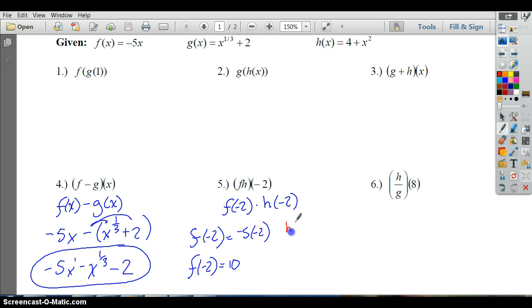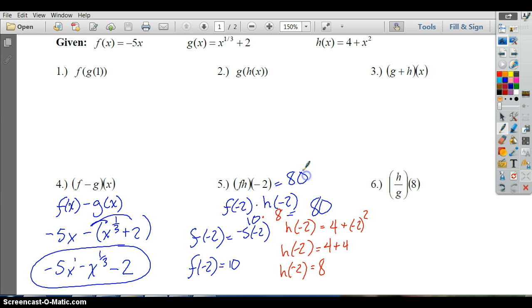H of negative 2 will be equal to 4 plus negative 2 squared. So h of negative 2 will equal 4 plus 4, which is going to be 8. So if we end up multiplying these, this would be 8 times 10. So we're looking at 80. So this is equal to 80.